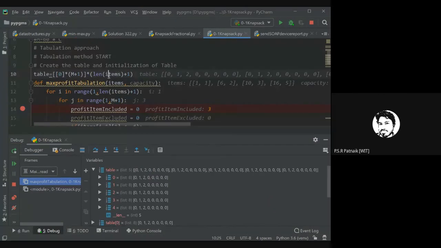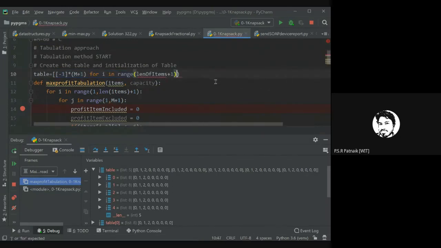Now the problem is this: when you keep on repeating this, it could sometimes lead to reference issues. I think we have not yet seen that, copy operations.